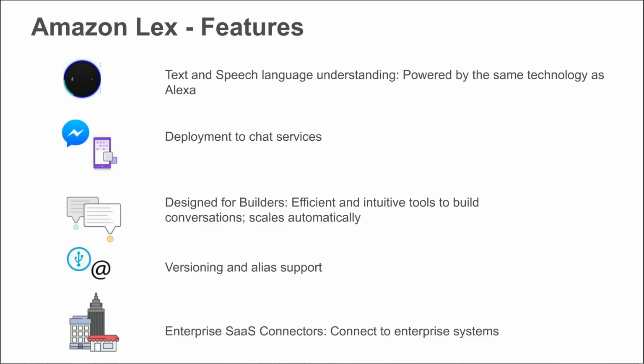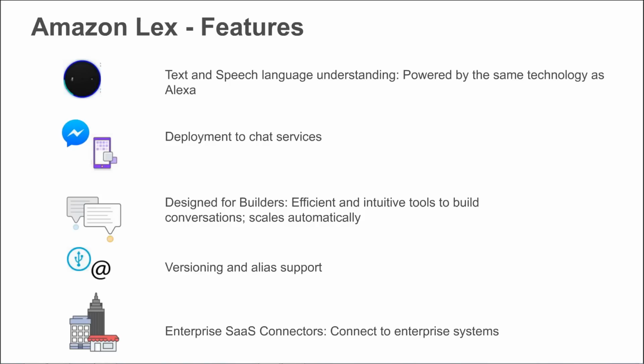We also have features like versioning and Alias Support, because we know that if an enterprise is using Lex, they'll probably have a number of different developers working on it concurrently, and we don't want folks changing each other's code and interfering in the development process.